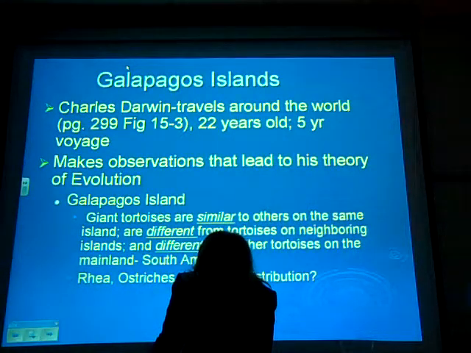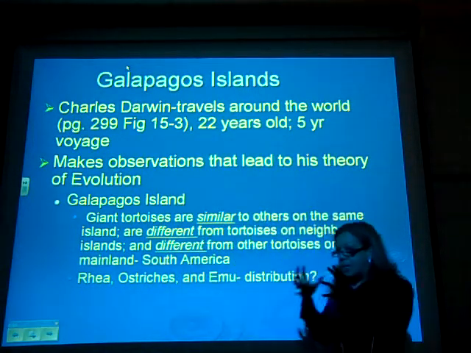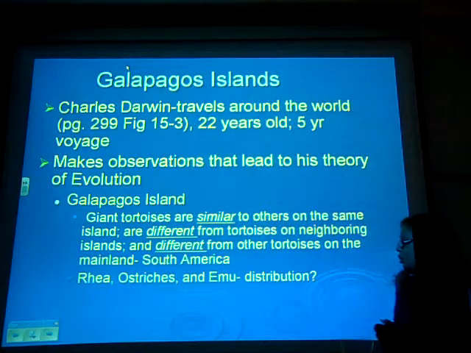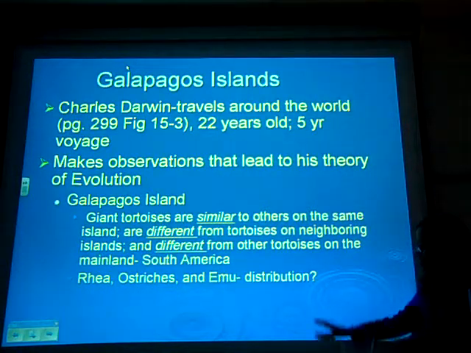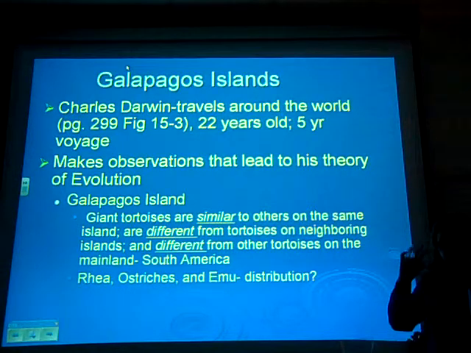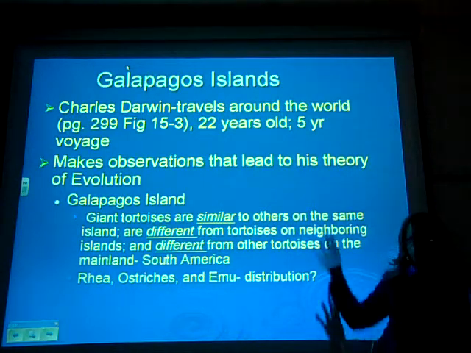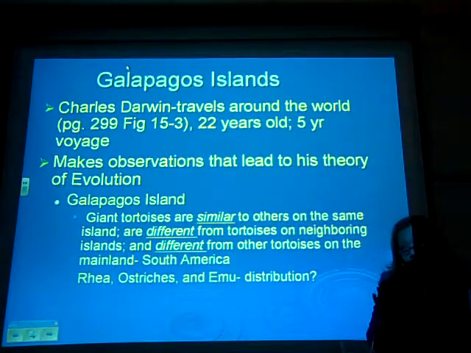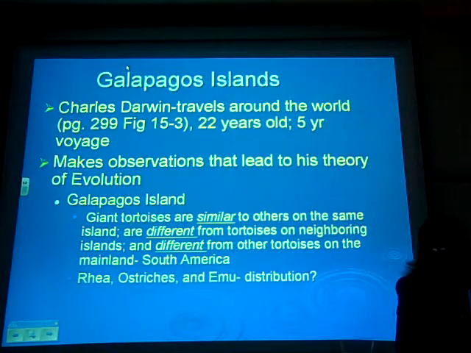You'll see the rhea, located primarily in South America, the ostriches that he observed in Africa, and the emu, which he observed in Australia. Even though these birds had similarities, they also had differences that pertain to the habitat in which they were observed. So he asked himself why that distribution, why were they in different areas all around the world, very far apart, and yet they looked similar as well.